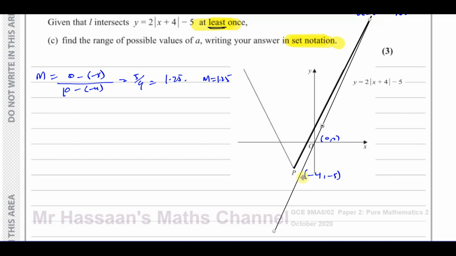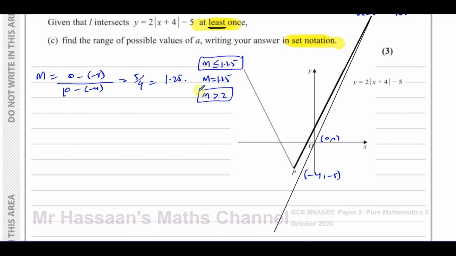So the limits of them intersecting at least once are when this gradient is more than 2, and here when the gradient is less than or equal to 1.25.